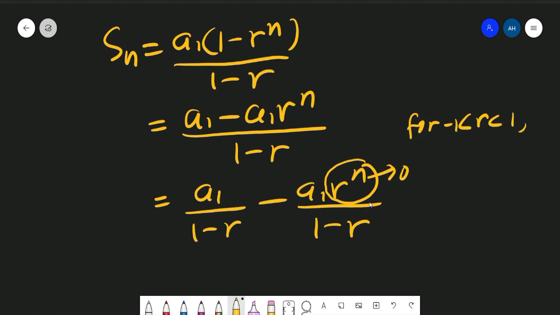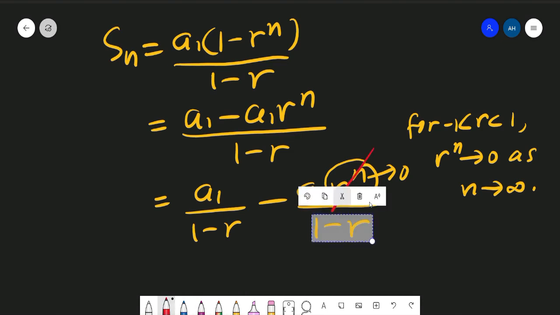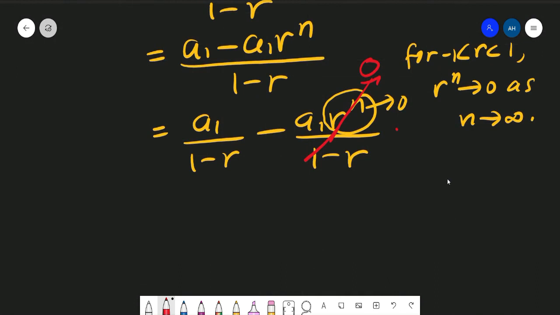That is, r to the power n will go to 0 as n approaches infinity. So this whole thing will go to 0, and what's left is a1 over 1 minus r.